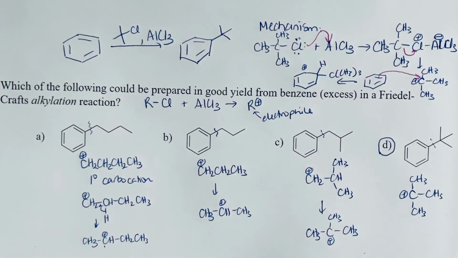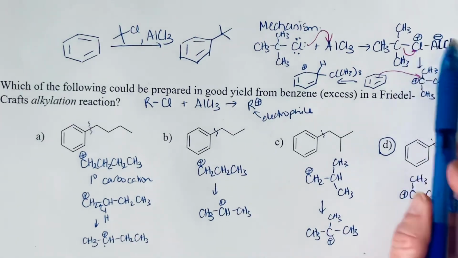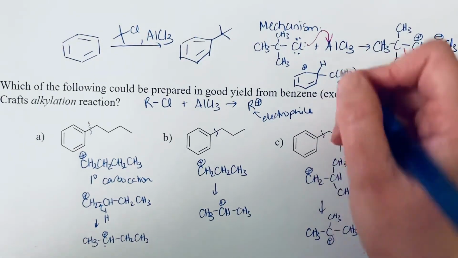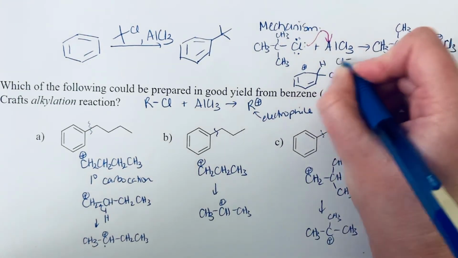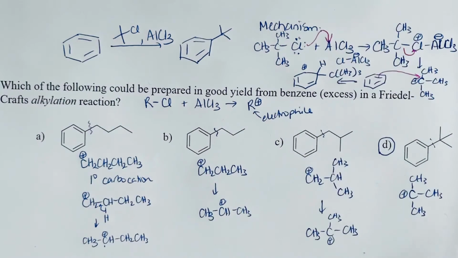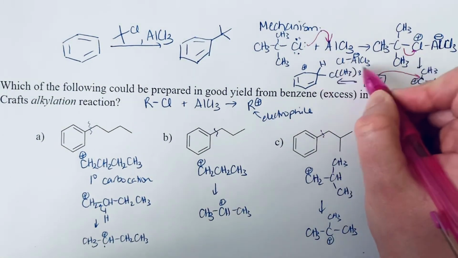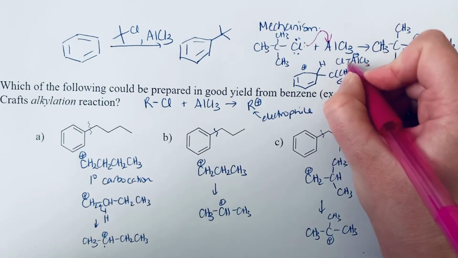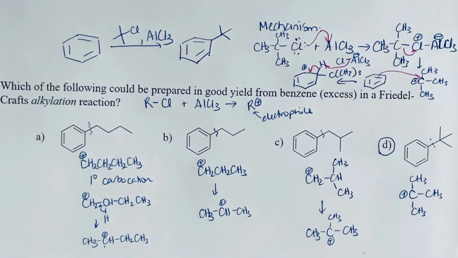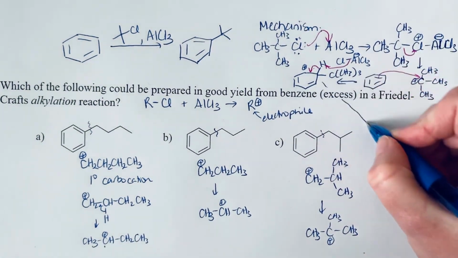Whatever base you have in solution, in this case some aluminum tetrachloride, could act as the base and remove this hydrogen. In doing so, notice when we cleave this bond, we'll regenerate that aluminum trichloride, which is the catalyst in the reaction. So that would be the mechanism to form D.